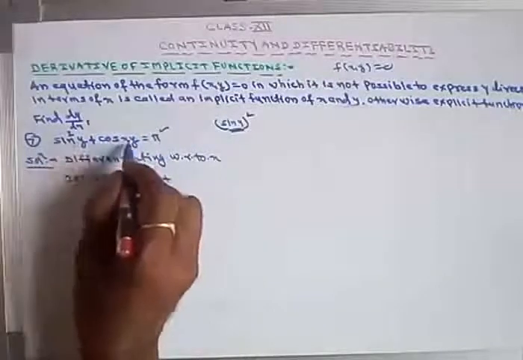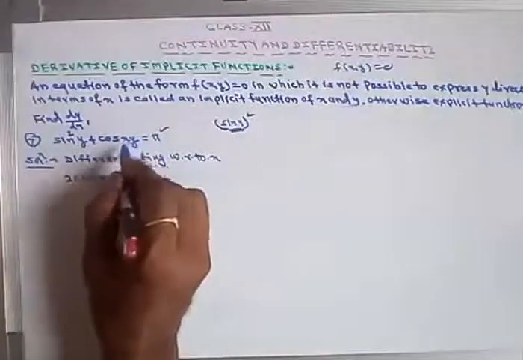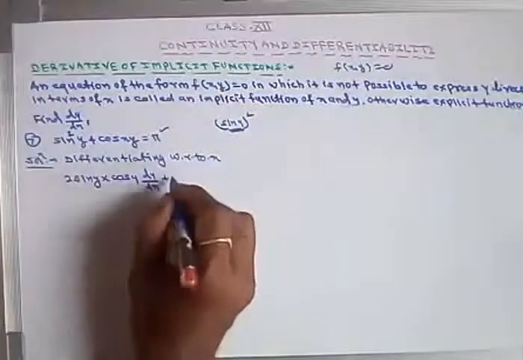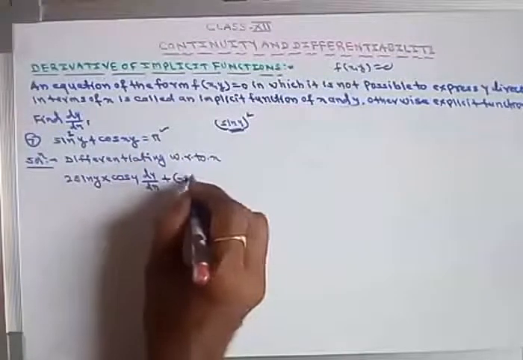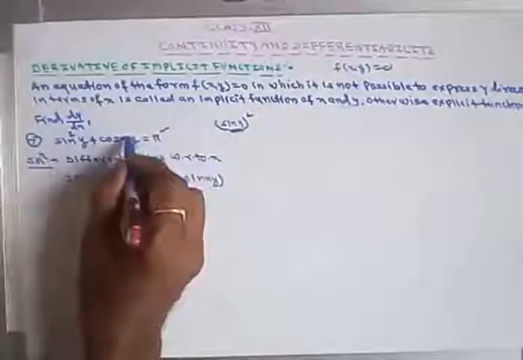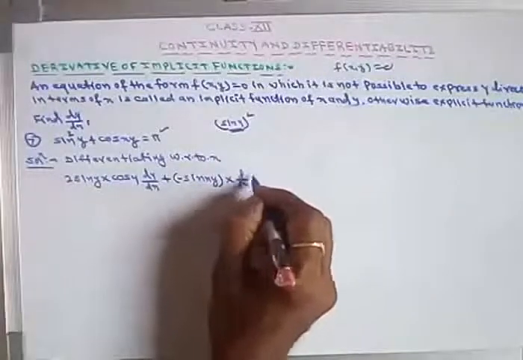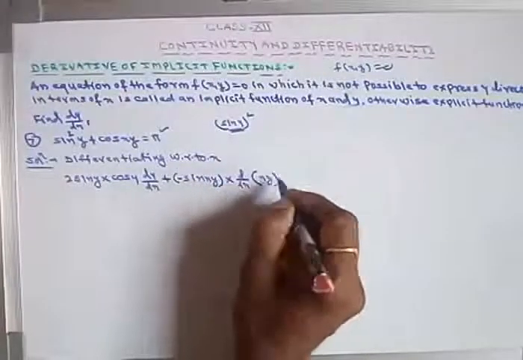Now here it is the product x into y, cos of x into y. So whatever it may be the domain of the function, what is the derivative of cos, minus, so that will be minus sin x into y into the derivative of the product x into y.